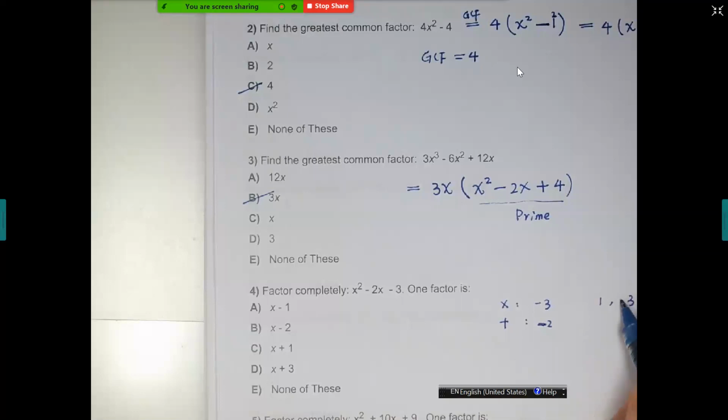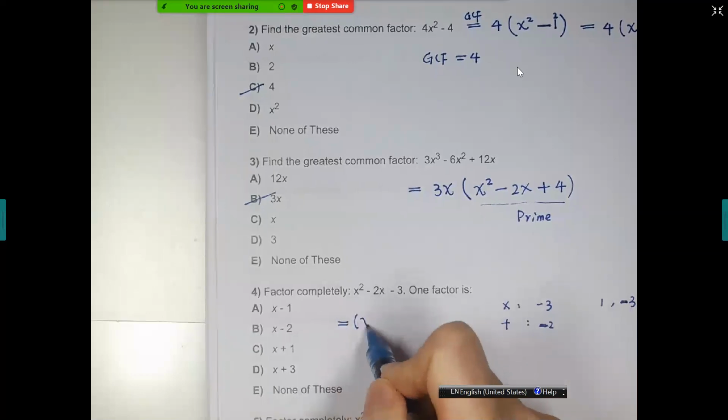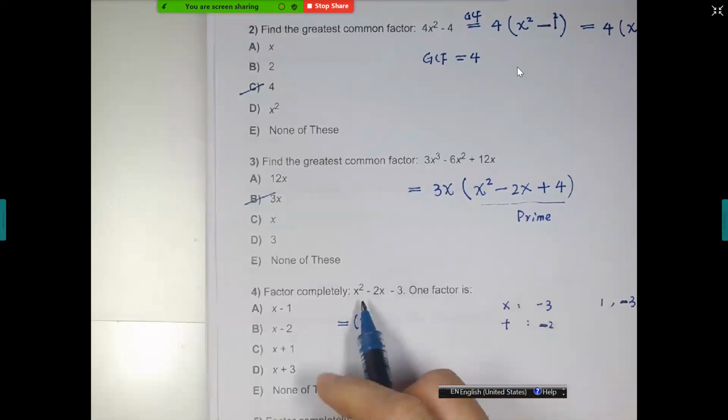So apparently, this negative sign should go to the 3 here. So 1 and -3. If we multiply them, we'll get -3. If we add those 2 numbers, the sum is -2. So I found those 2 numbers. Then those 2 numbers will go into the 2 binomials, and the first term will always be x. So x times x is x squared.